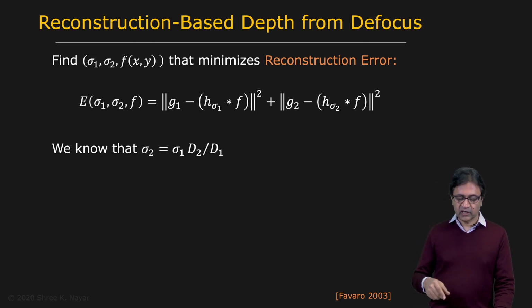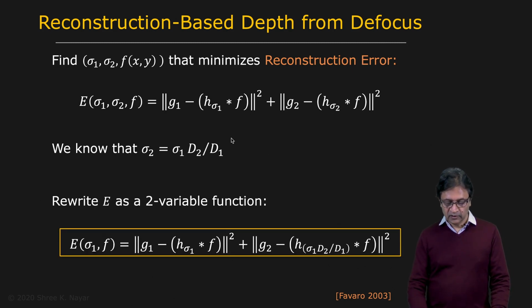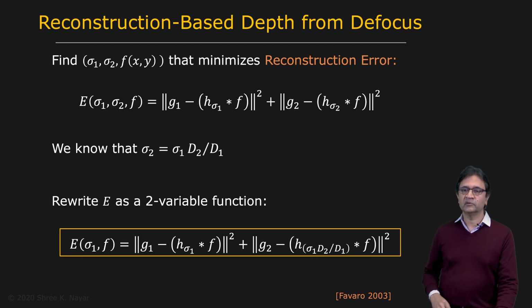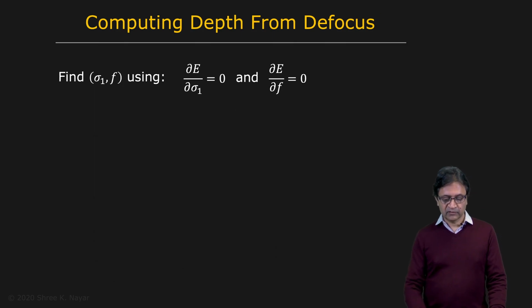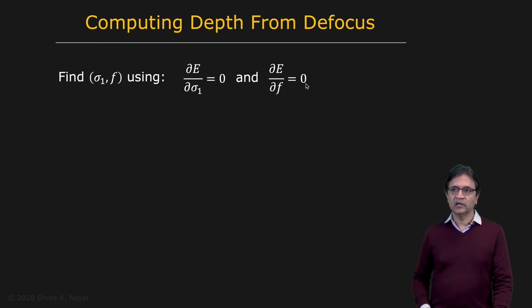So we can use that in this reconstruction error so that we are down now to just two unknowns, f and sigma 1. And we want to find the f and sigma 1 that minimize E, and we know how to do that. We essentially find the derivative of E with respect to sigma 1, set it equal to 0. Derivative of E with respect to f, set it equal to 0. And so that's an optimization problem.